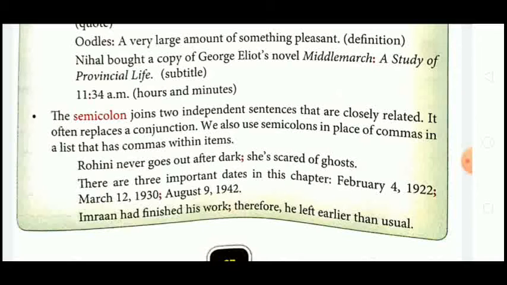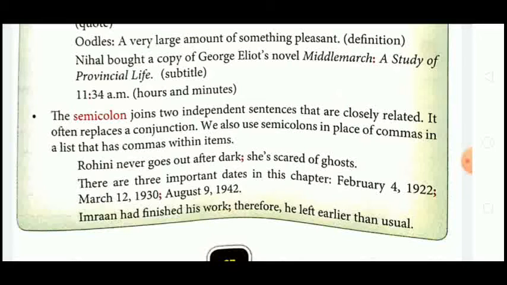Okay, we use semicolons to join two sentences which are independent, meaning both sentences will be different, but they are related to each other. And also we use semicolon in place of commas where commas are already used.